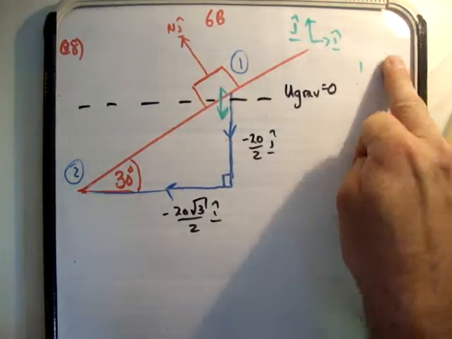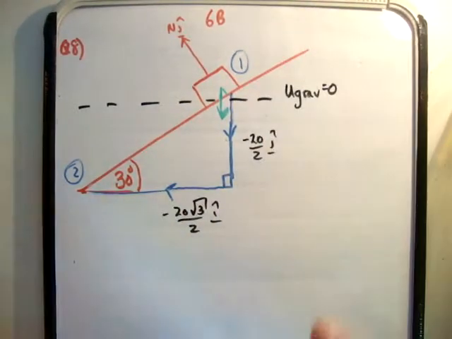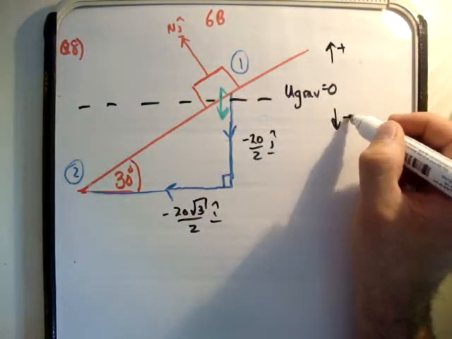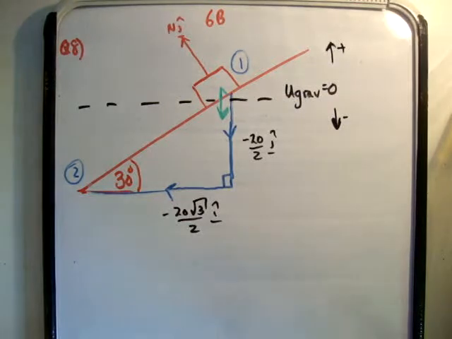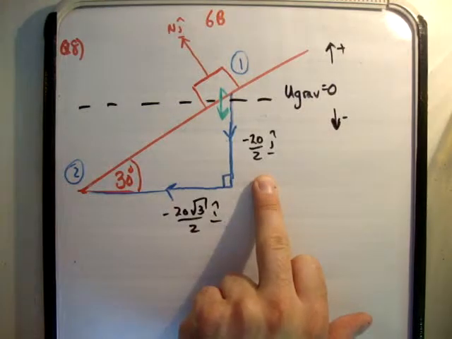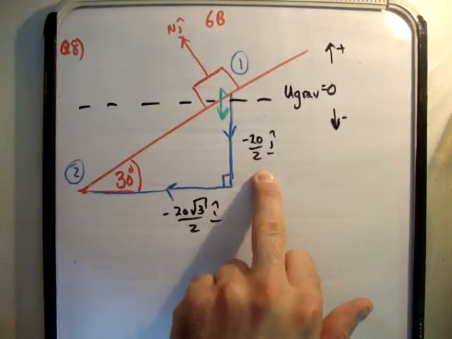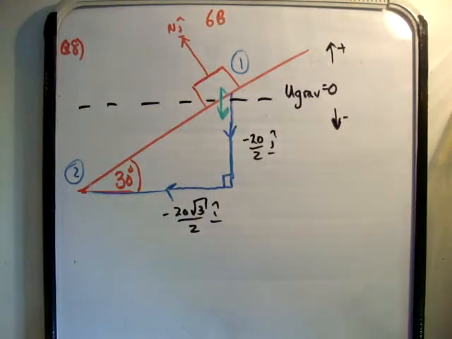As a result, this direction is positive and this direction is negative for gravitational energy, which means the gravitational energy here is negative. Next, because we're talking about a gravitational field, the only displacement which matters is the vertical displacement in the j-hat direction. So the only height that matters is 20 over 2, or 10 meters.